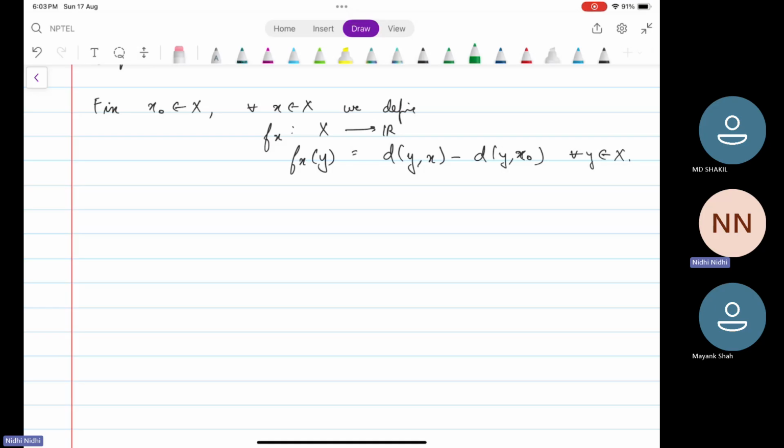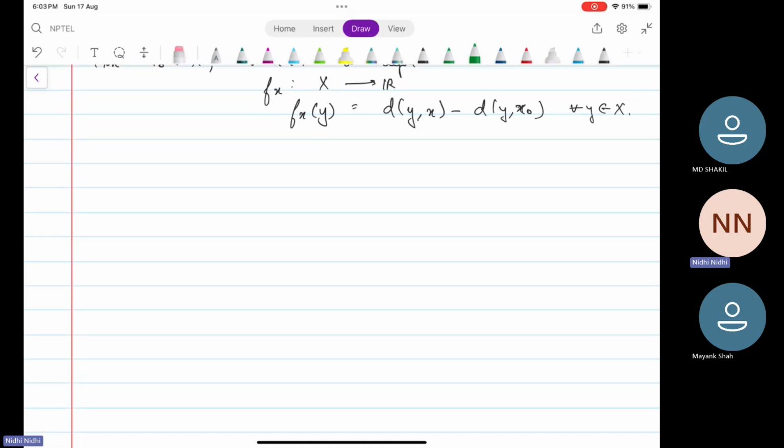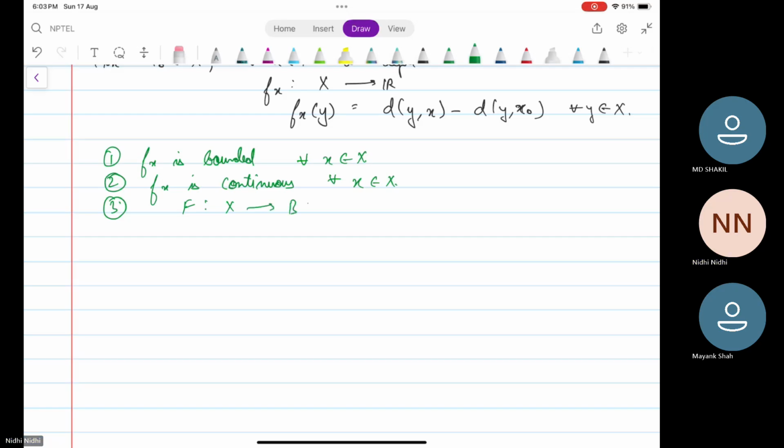We had seen earlier in the previous session that f_x is bounded, for every x. f_x is continuous, and then we have the map f from X to BC(X, R), which is an isometry.